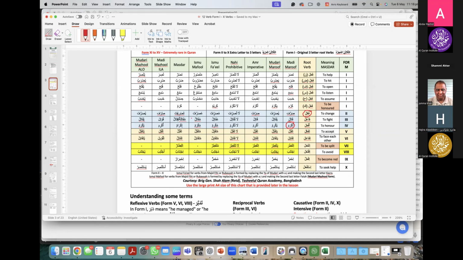Okay. Now, the general difference between form 3 and the other forms. Okay, let's talk about form 3. Form 3 will always engage a third party. Qatala, he killed. He just killed.